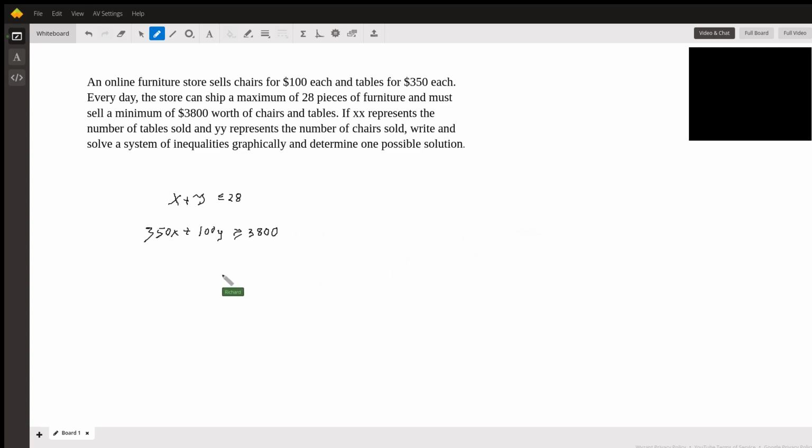Okay, so what you would do by hand is find a graph for this first equation, which is easy, because when X is 0, Y is 28. When Y is 0, X is 28.